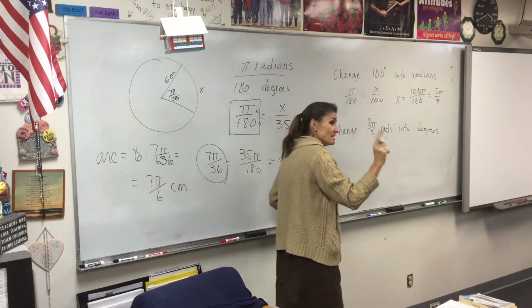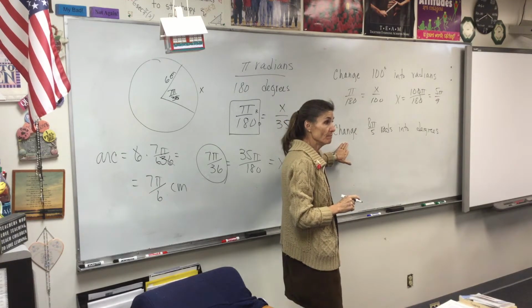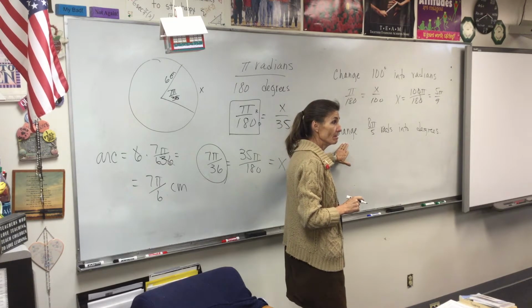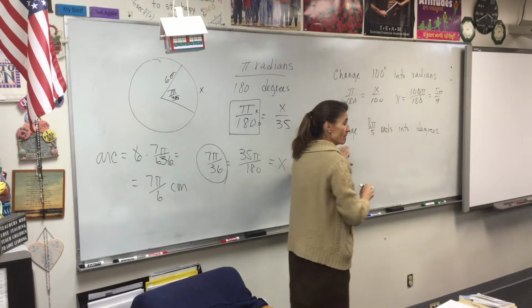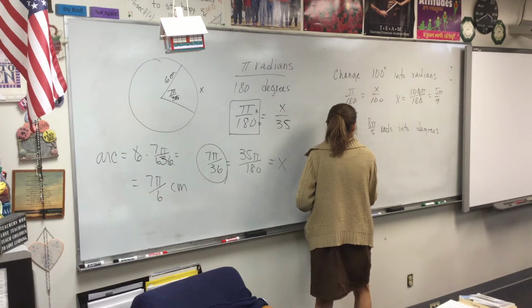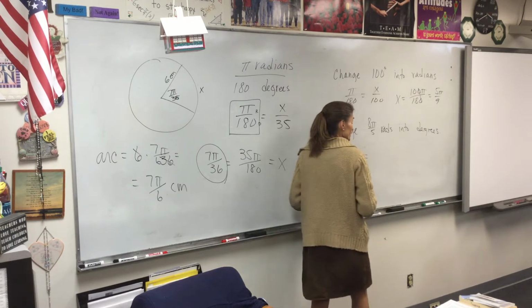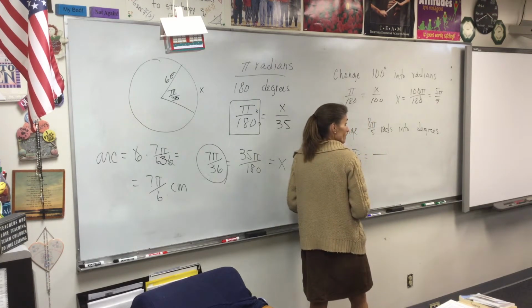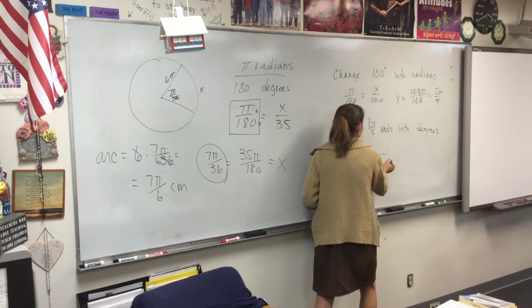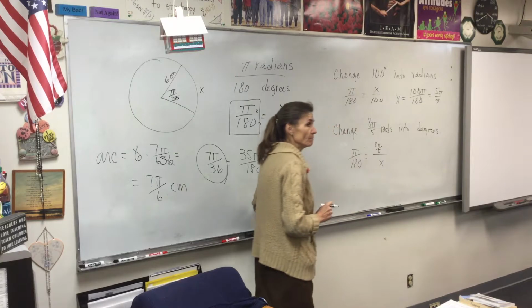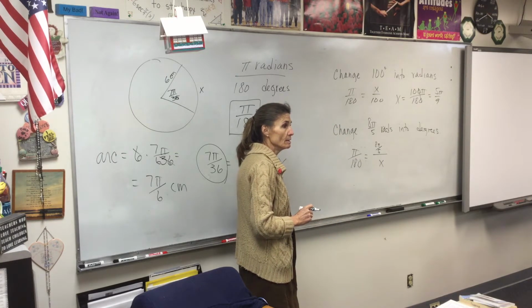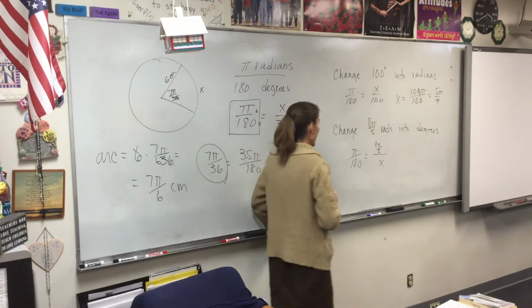Now, did you do the same thing with this one? Could you? Let's think about it for a minute. We know pi is 180, right? So we want to know how many degrees are 8 pi over 5 radians? Let's not be freaked out about that.